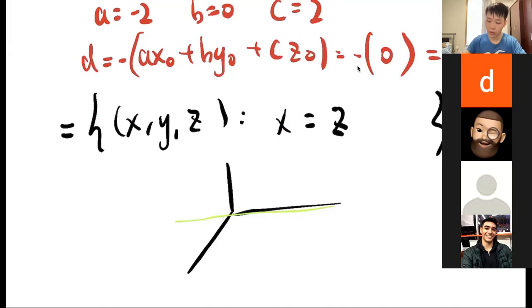So when you look at it in the xz plane, you have the line z equal to x. What does it look like? Z equal to x is this. So the picture would look like this.